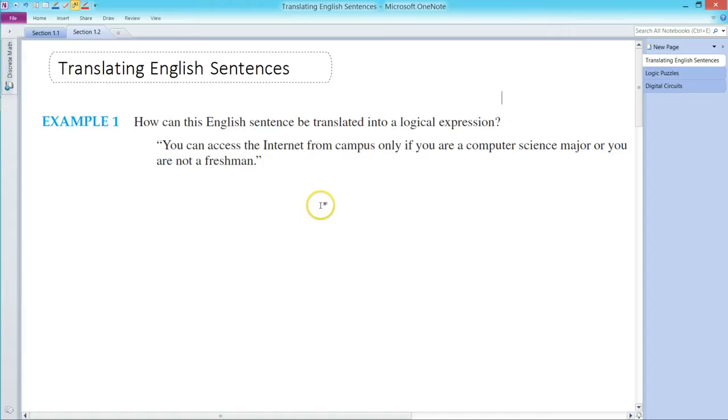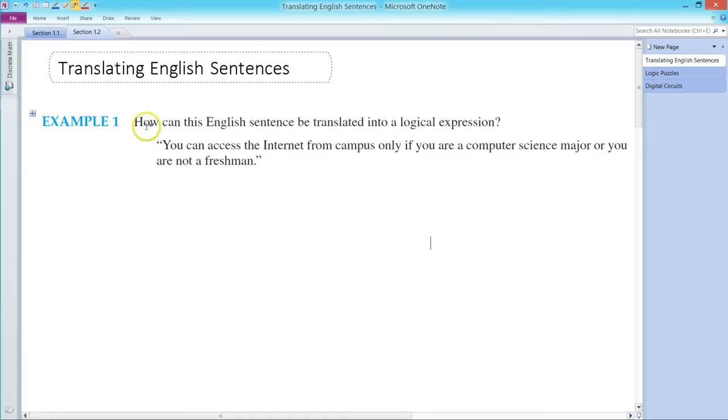And also, once we have translated sentences from English into logic expressions, we can analyze these logical expressions to determine their truth values. We can manipulate them. We can use the rules of inference that we're going to study later on to reason about them. So enough talking, and let's start doing the work.